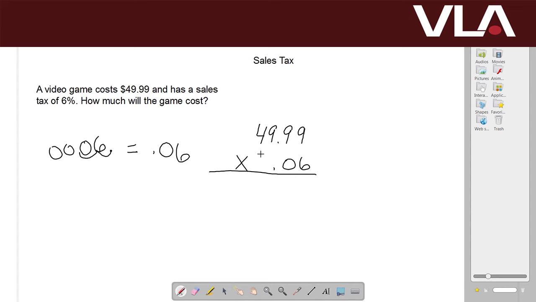So if we do 6 times 9 is 54. 6 times 9 again is 54 again, plus 5 is 59. 6 times 4 is 24, plus 5 is 29.